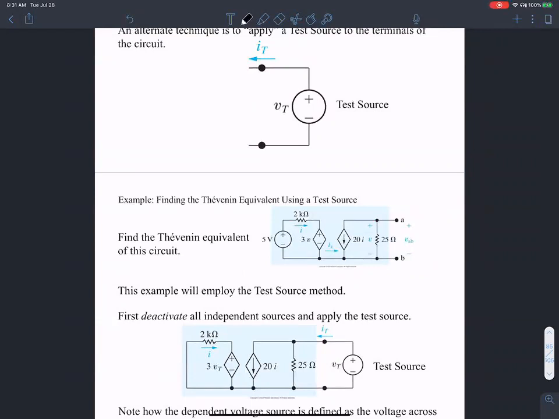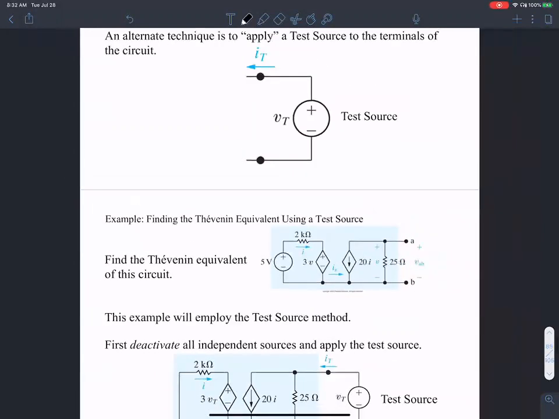How do you do that? This is where I'm going to introduce a new technique to you. The idea is that we cannot directly find the value for our Thevenin. So we are going to have to apply a test voltage and test current.